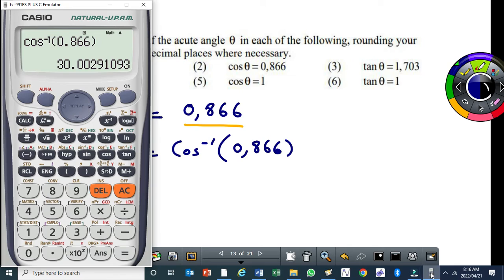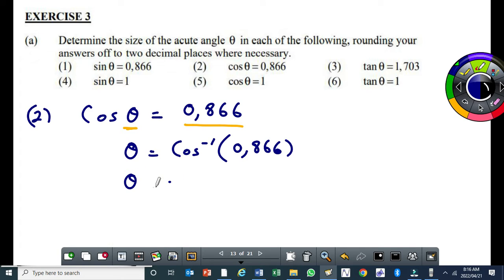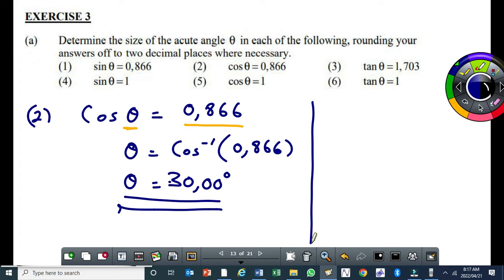If you round off this 30.00291093, the answer that you get is theta equal to 30.00 degrees, in degrees to 2 decimal places. Please be aware, if you use shift cos, shift sine, shift tan, you'll be calculating an angle, so you must put the degree sign. So this was number 2.